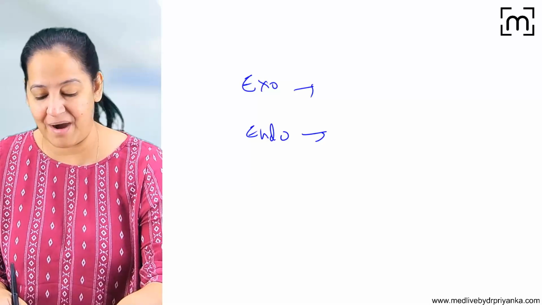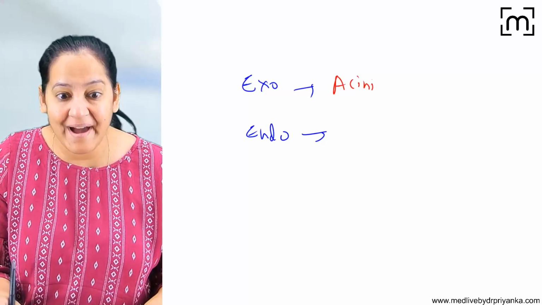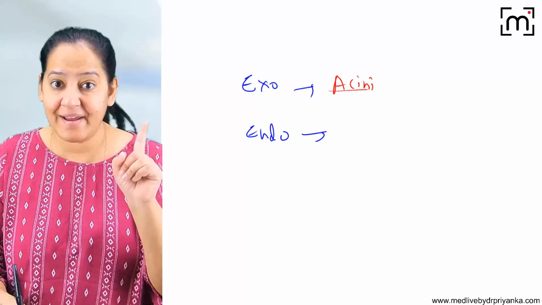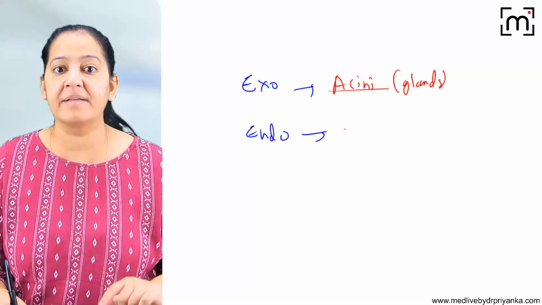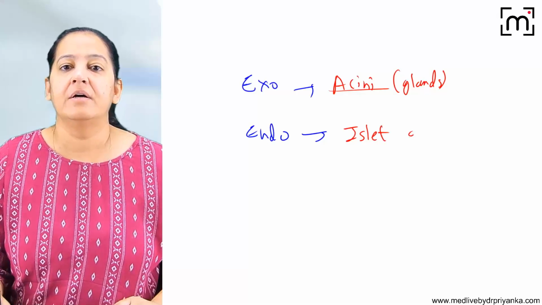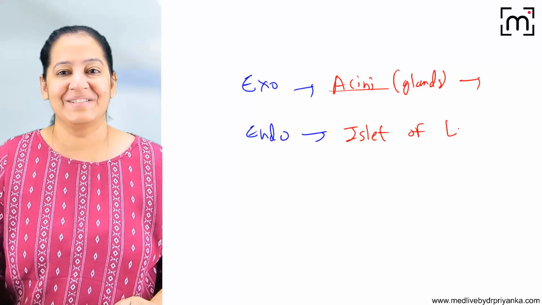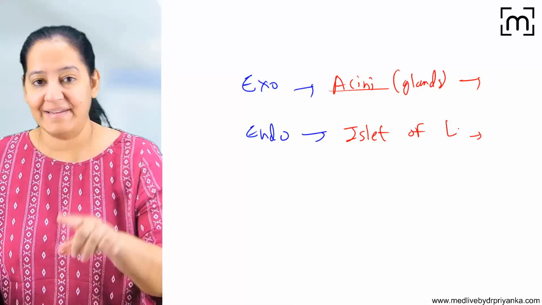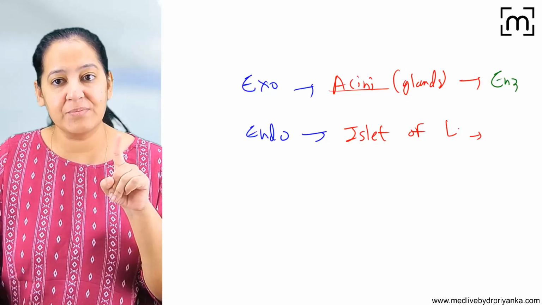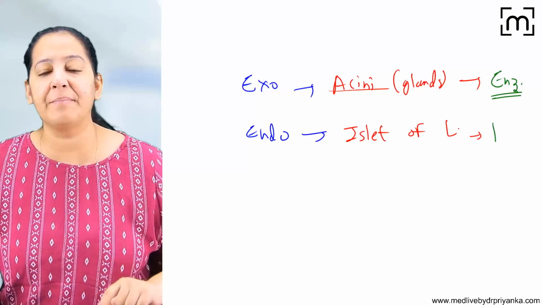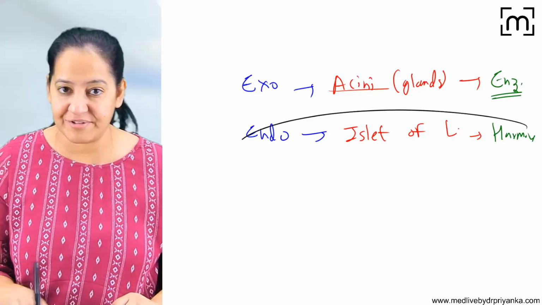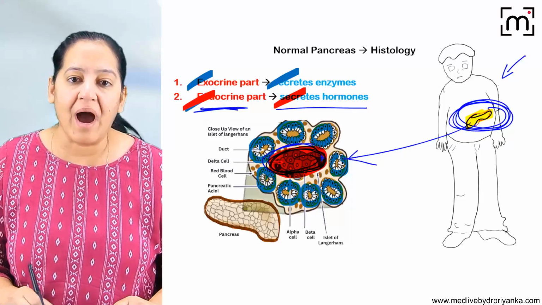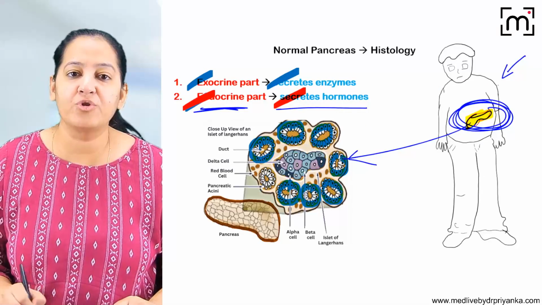The exocrine part is in the form of acini, which are glands, and secretes enzymes required for digestion. The endocrine part is in the form of the islets of Langerhans, a collection of cells, and secretes hormones. Currently for diabetes, we are interested in this portion.